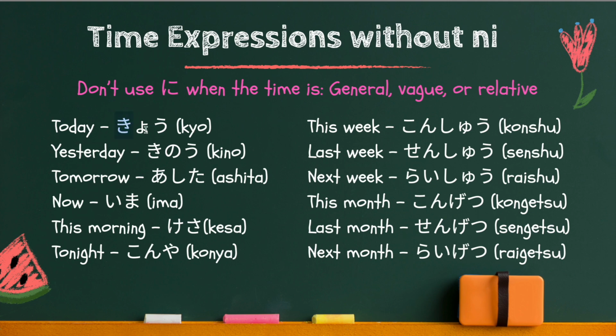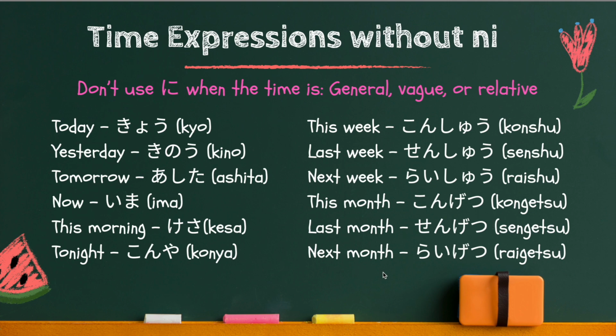Today is 今日. Yesterday, 昨日. Tomorrow, 明日. Now, 今. This morning, 今朝. Tonight, 今夜. This week, 今週. Last week, 先週. Next week, 来週. This month, 今月. Last month, 先月.